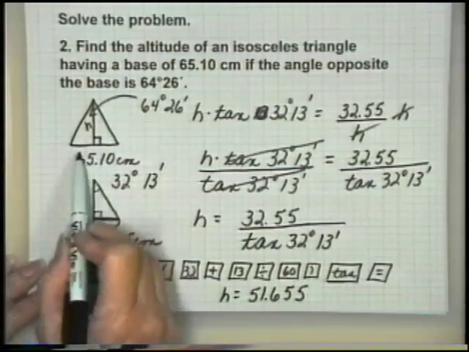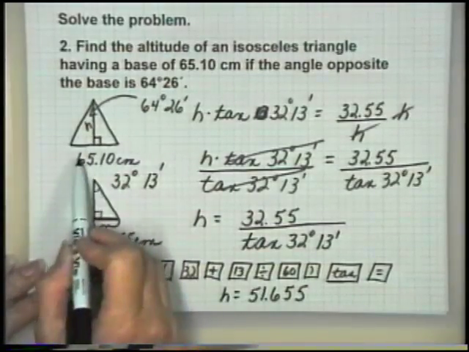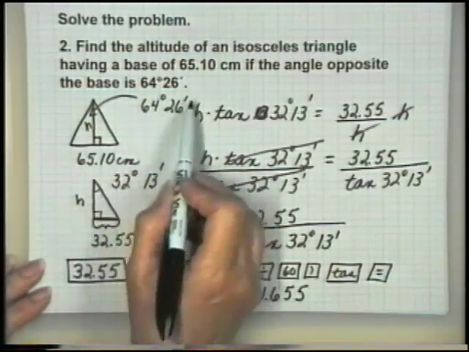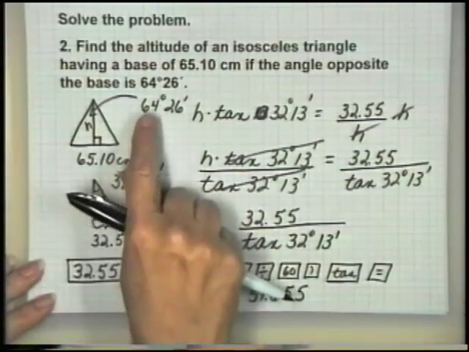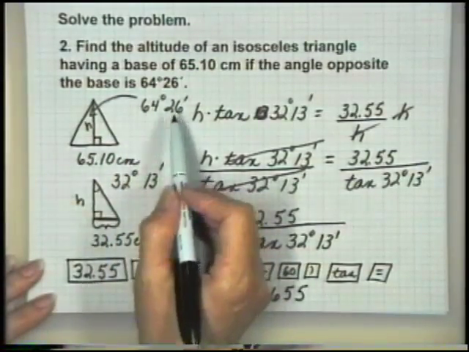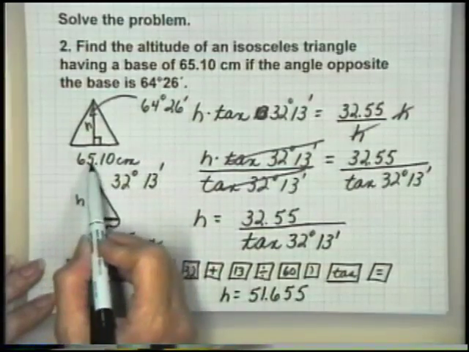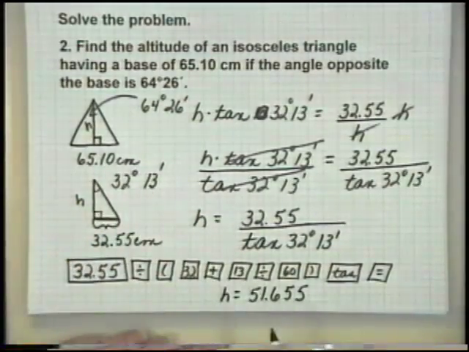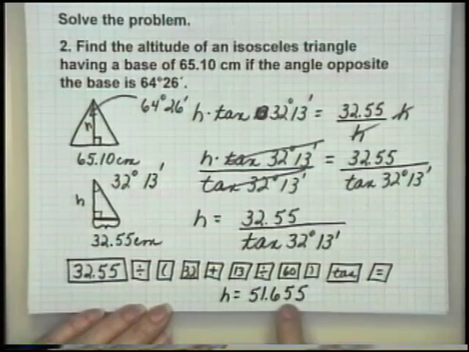Well, look how many significant digits they gave me for this side, and also look at the significant digits for this angle. Degrees and minutes, when it's to the nearest minute, that's 4, and also here it's obviously 4 significant digits. So I want 4 significant digits, which means I want to round to this place right here.